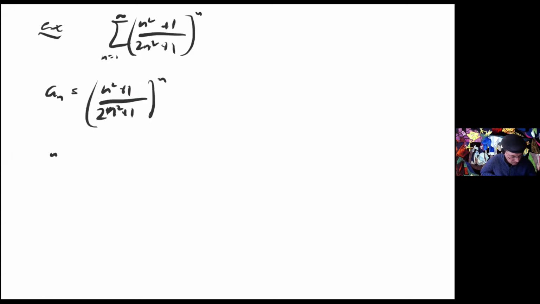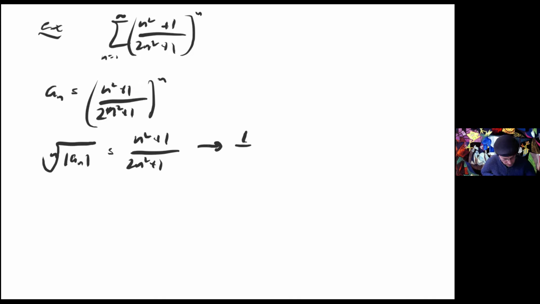So the nth root of the absolute value of a sub n is n squared plus 1 over 2n squared plus 1. Now in Calc 1, you learn that this limit tends to the quotient of the coefficients of the highest power of n that appears here. So this is going to tend to 1 over 2 as n goes to infinity. And that's our L, and L is less than 1, so the series converges.